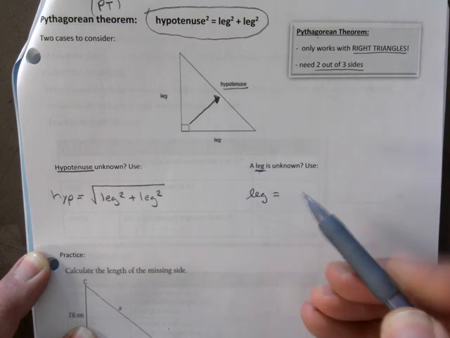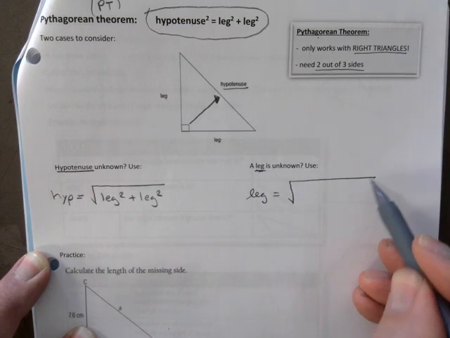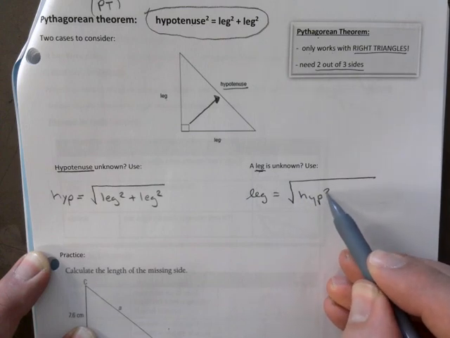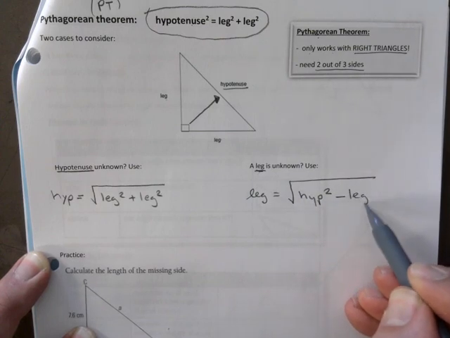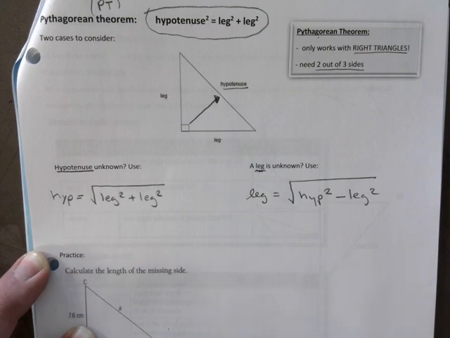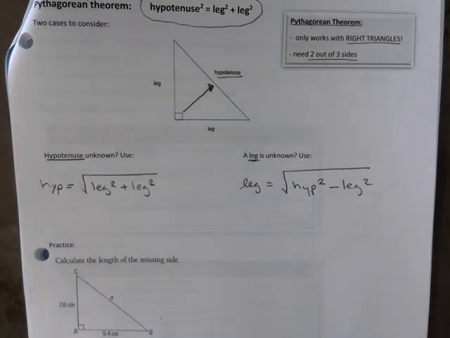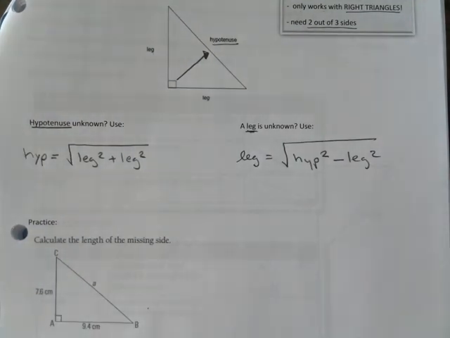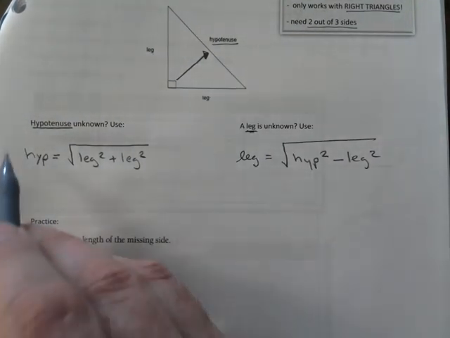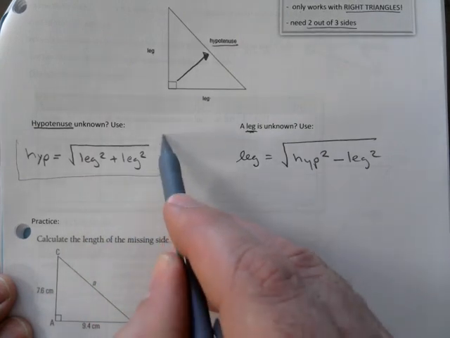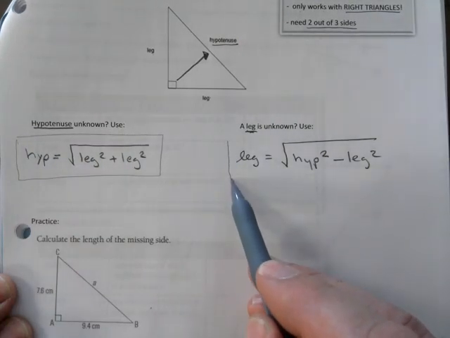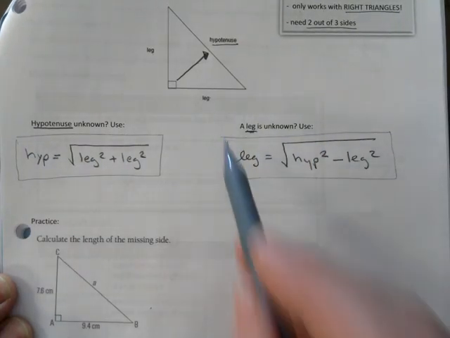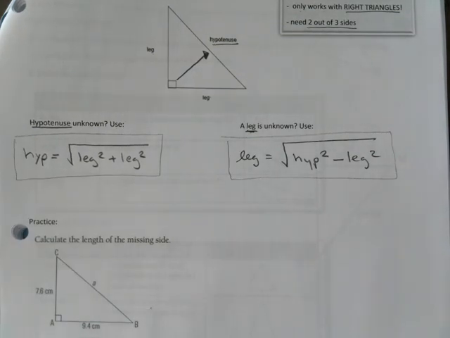Leg is square root of hypotenuse squared minus the leg squared. I would expect you to know when to use which one. We're going to practice it a little bit just to make sure we're all on the same page. So I would say, right, if you need to add this to your study sheet, then go for it.